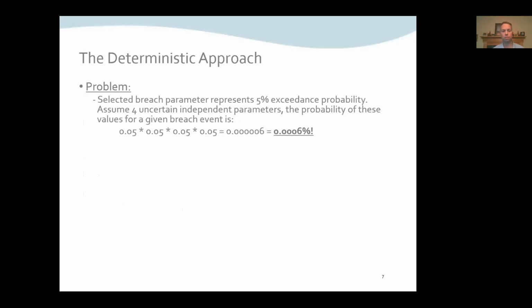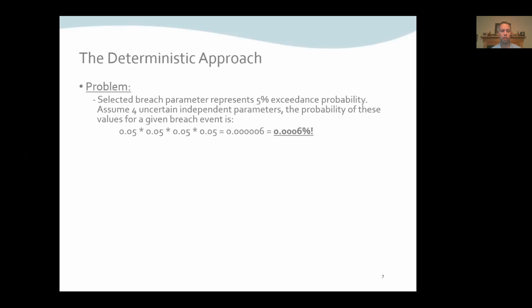Well, here's the problem. Let's take 4 uncertain independent parameters and say these represent 4 breach parameters. Now, there's more than 4 in a HEC-RAS model. There's 10 to 12, I believe, if I recall. But let's just pick 4. And each of these 4 independent parameters represents a 5% exceedance probability, meaning we are confident that within 5%, these numbers won't be exceeded.